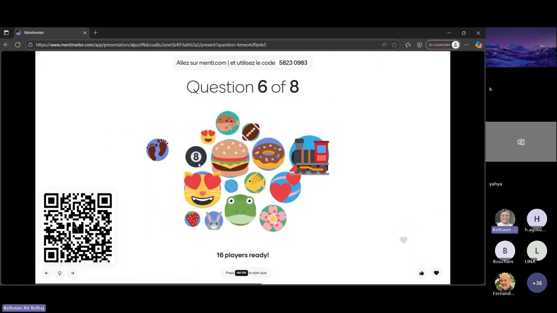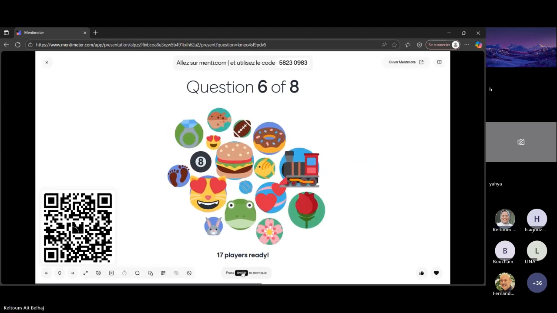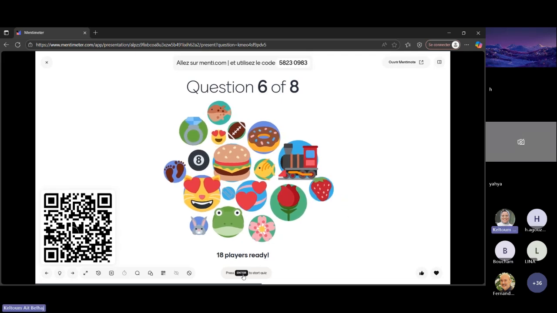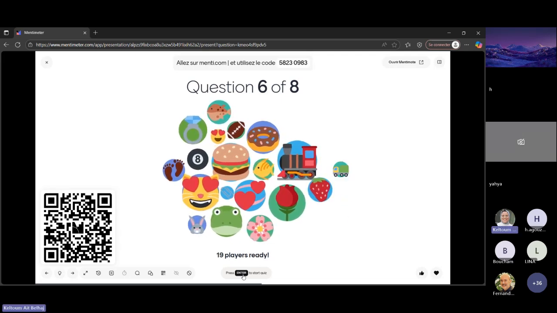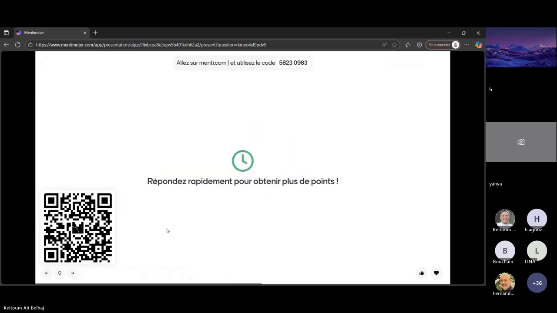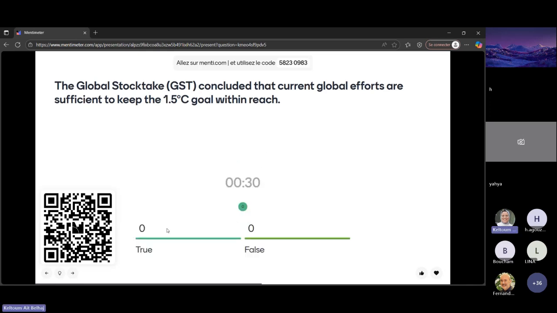All right, 17 players join us. But you can always scan the QR code. The Global Stocktake concluded that current global efforts are sufficient to keep the 1.5 degrees Celsius goal within reach.